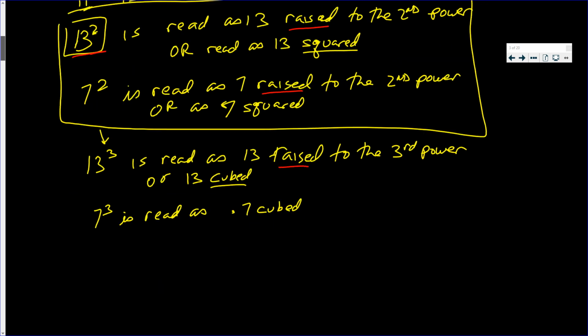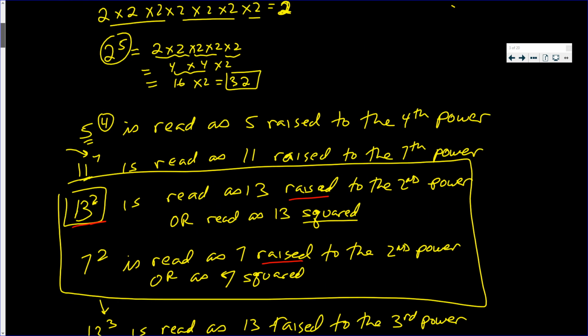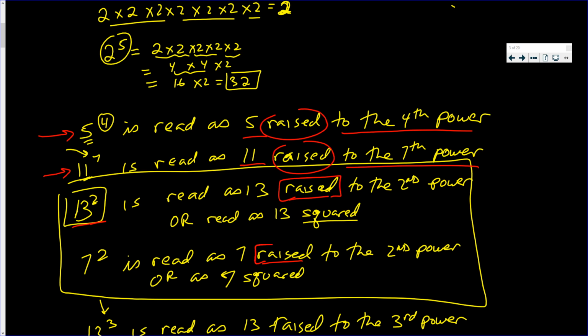Okay, let's go to the higher ones, the ones up here. You can read this as 5 to the 4th power. This can be read as 11 to the 7th power. It's up to you whether or not you say the word raised. It wouldn't be wrong if you didn't say raised, and it wouldn't be wrong if you did.